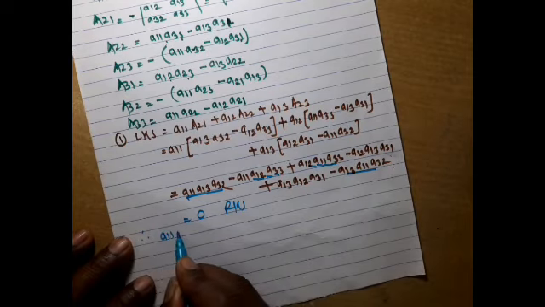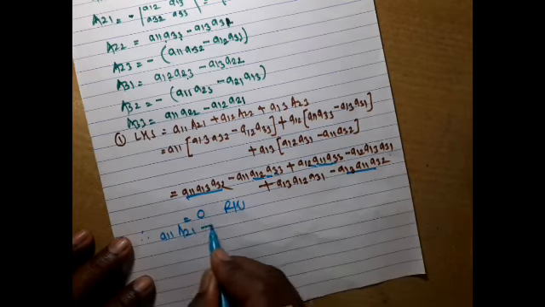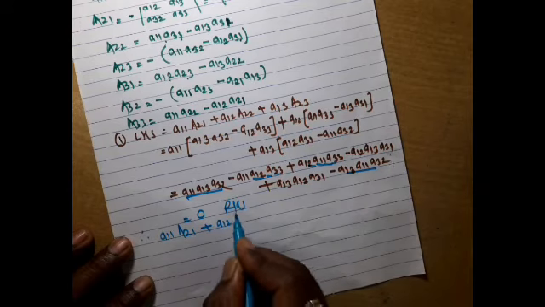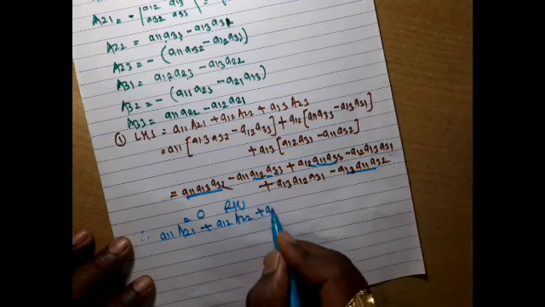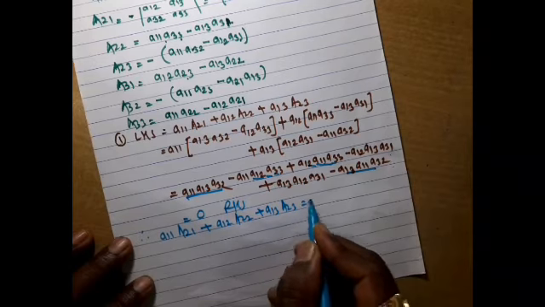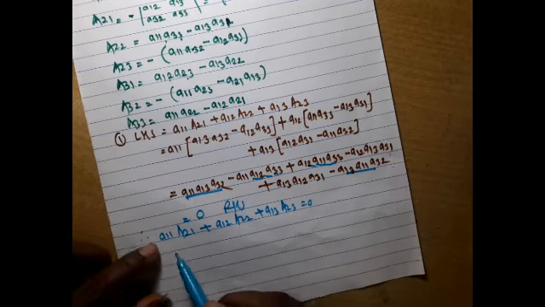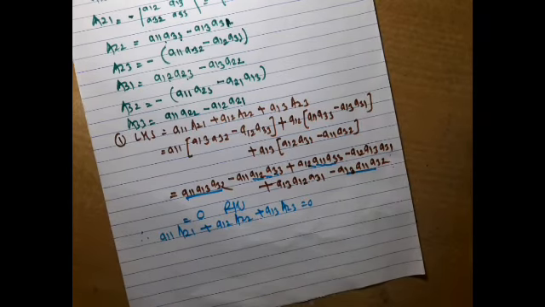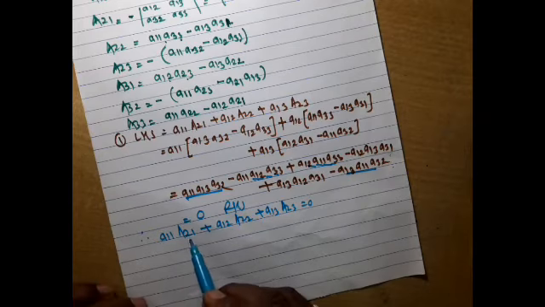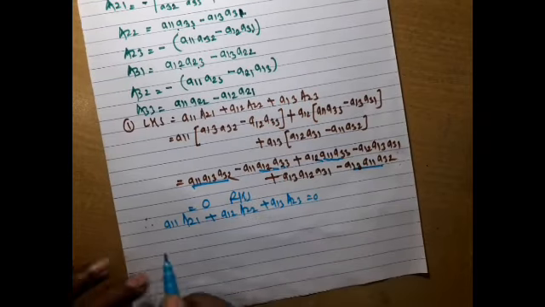Therefore a11 A21 plus a12 A22 plus a13 A23 is equal to 0. What does it mean? It means that in expansion row-wise by taking the cofactors of another row, their sum is 0.